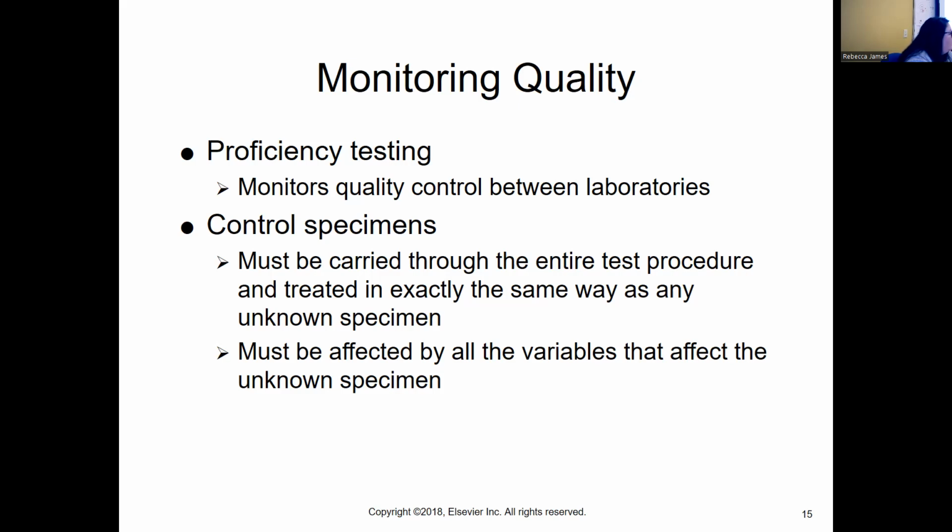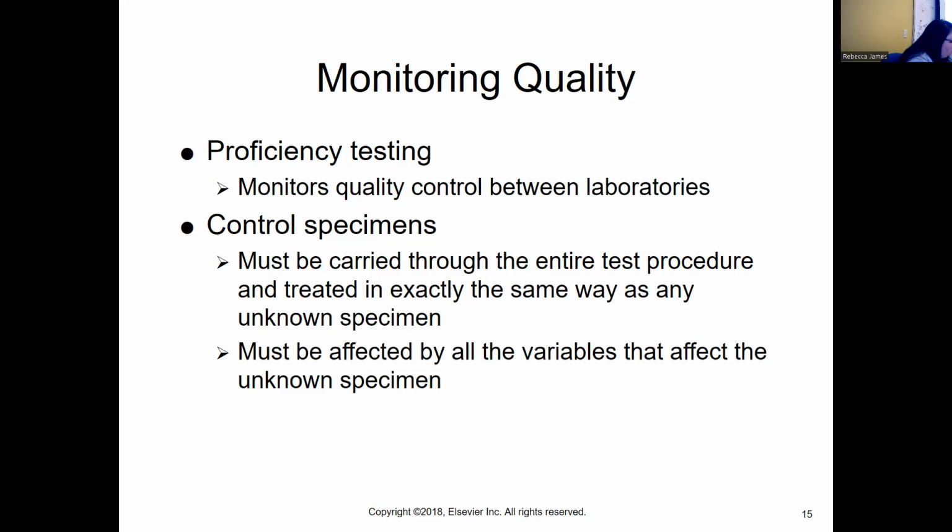Remember I said that you get samples from this place. They send them to you. You do testing on it. You get results for it. You send those results back out and you get graded on it. That's a proficiency test. Each lab should participate in an external proficiency testing program as a means of verification of laboratory accuracy.